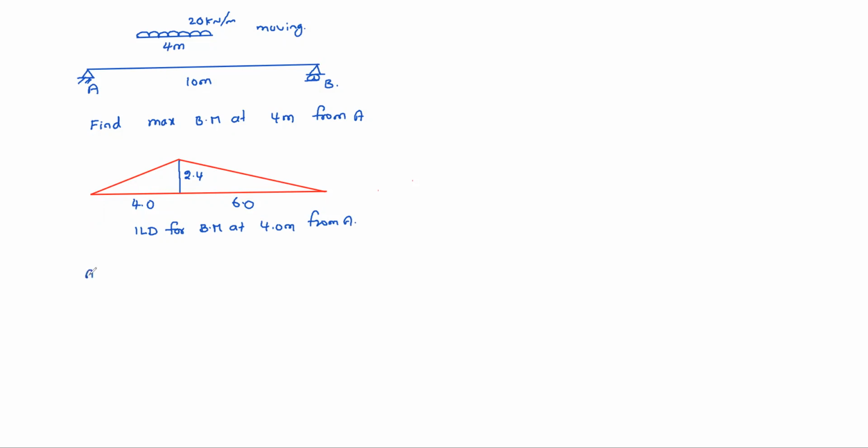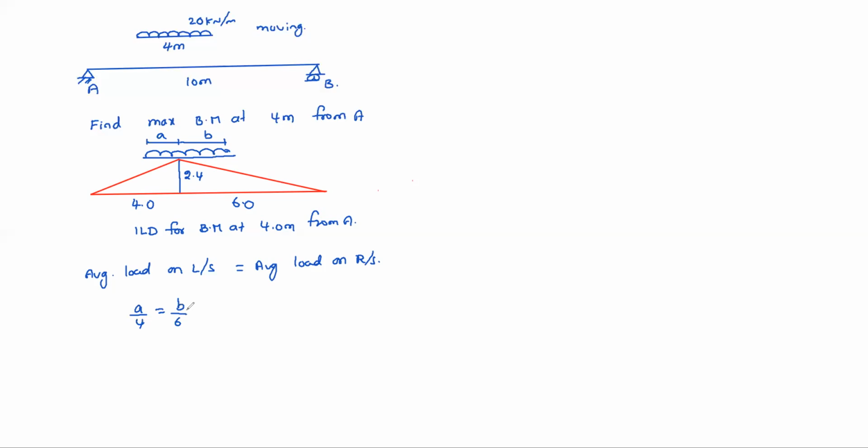Average load on the left side must be equal to average load on the right side. So our question is where to put the load. Suppose if you keep the load like this, left side A meters, right side B meters, so average load A by 4 must be equal to B by 6.